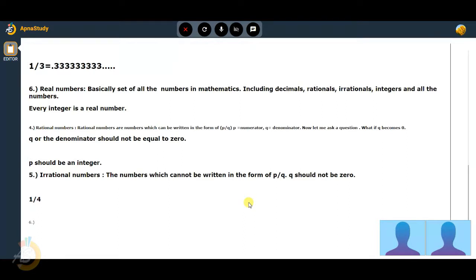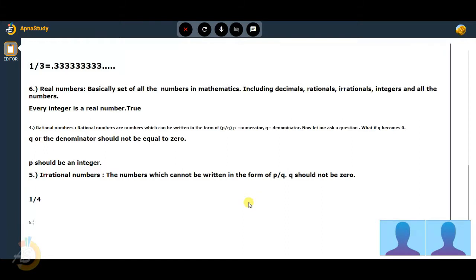Every integer is a real number. It is true. Why is it true? Because we know that every number is a real number, be it an integer, fraction, decimal, or anything. It is a real number for sure.